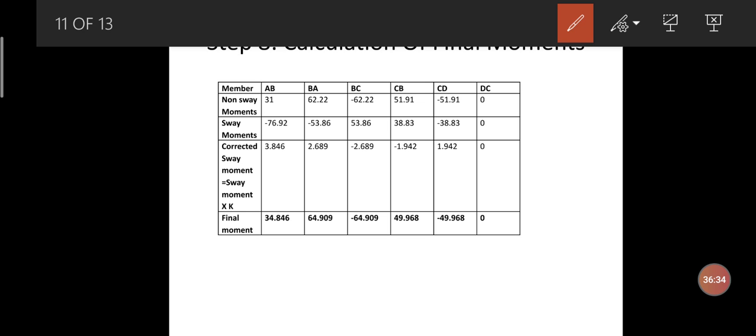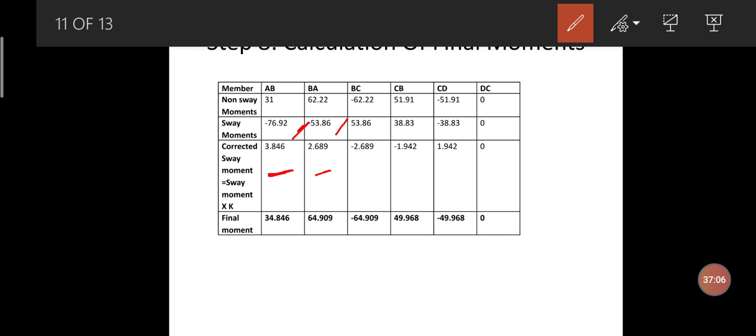So corrected sway moment is nothing but sway moment multiplied by K. So sway moment for AB is minus 76.92 multiplied by minus 0.05, the K value. If I do that, I will get the corrected sway moment as 3.846. Similarly, minus 53.86 into minus 0.05, I will get 2.689.